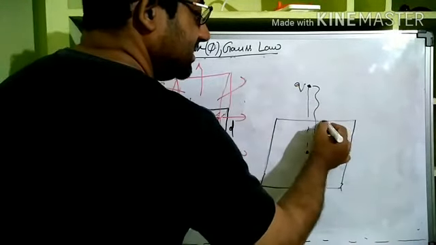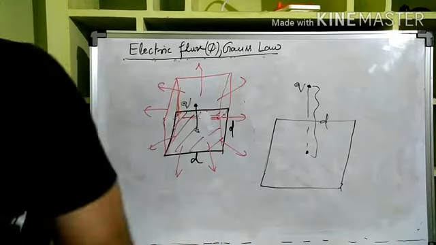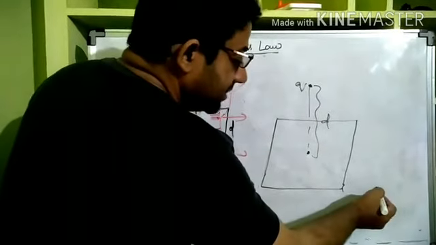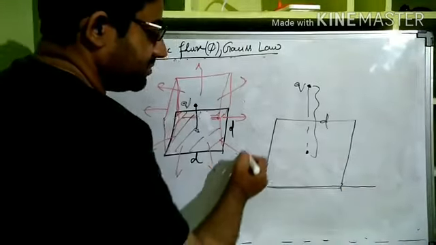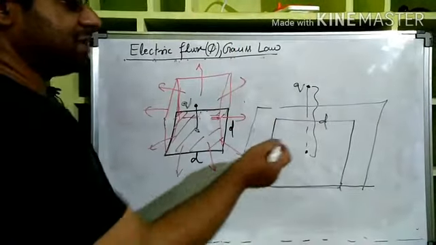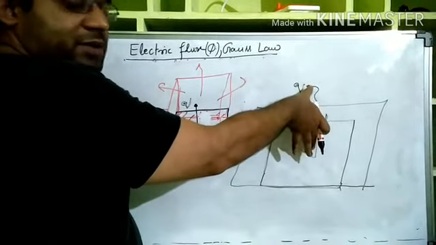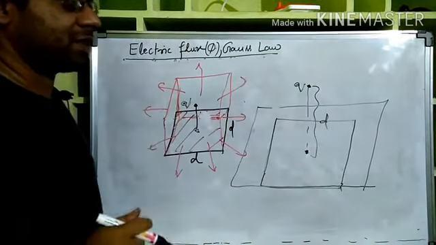But at the same time, the question also mentions that if the point charge is now moved to a distance d from the center of the square and the side of the square is doubled. The side also is doubled. That means the side of the square also is doubled, and the distance from the center has become d now. Instead of d by 2, it became d now.